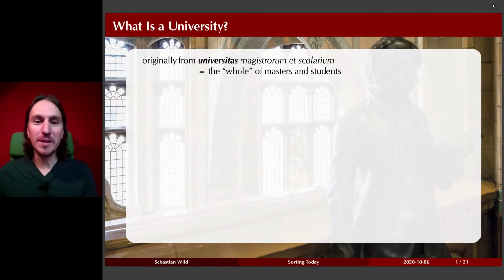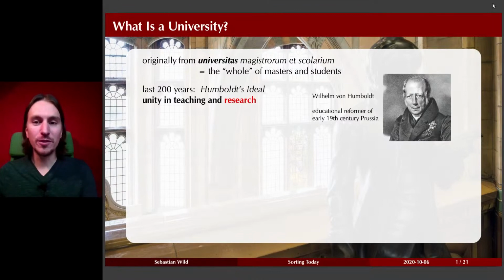That was the original meaning, just a community of teachers and students. 200 years ago, roughly, Wilhelm von Humboldt, the guy on the right here, came up with the idea that universities should have both teaching and research in one place. They should connect the two, and they should ideally be a place where everyone can be both a learner and a researcher, because the two things are really very related.